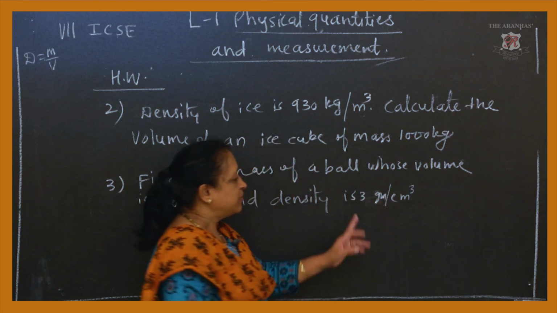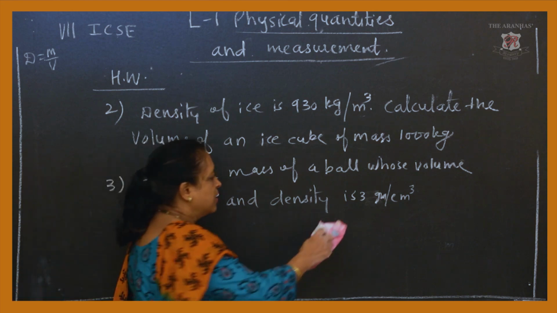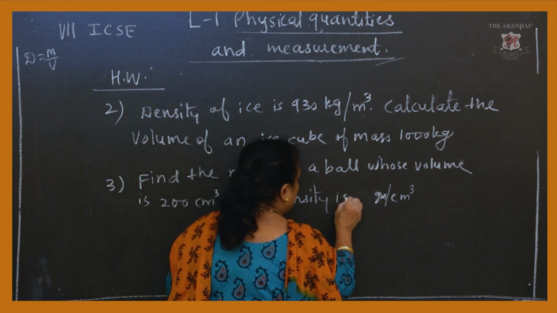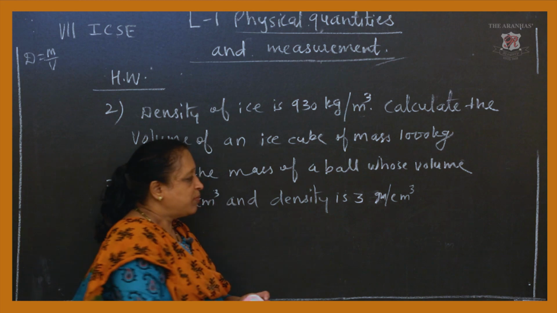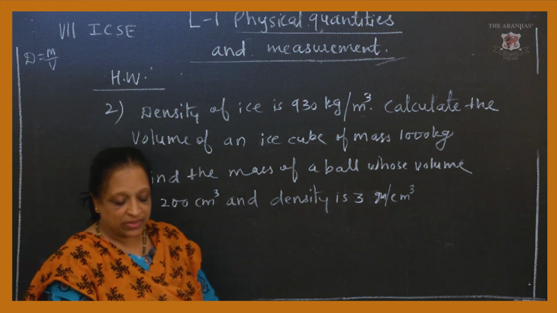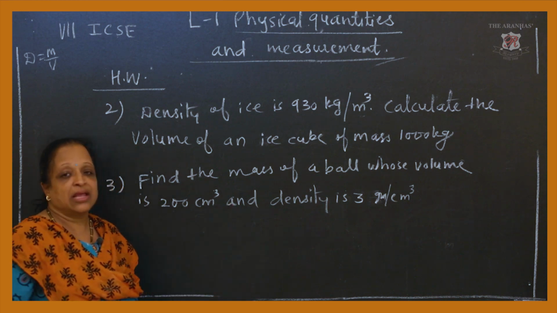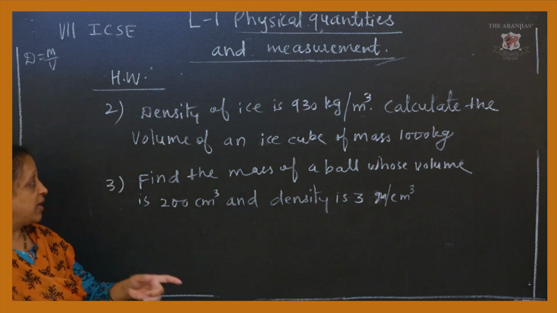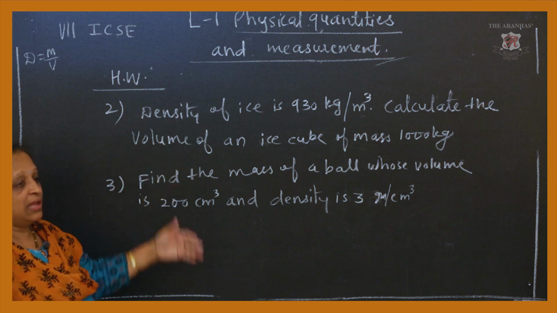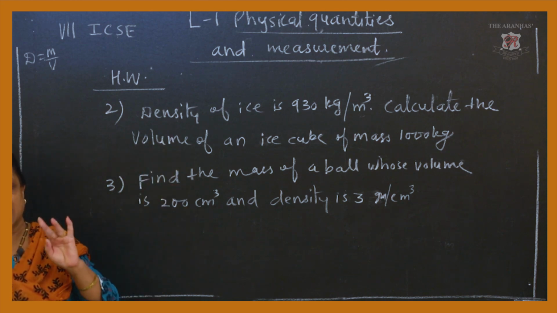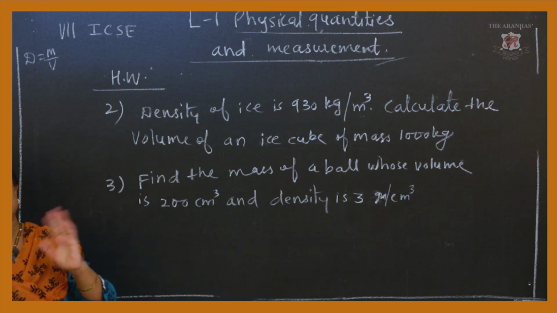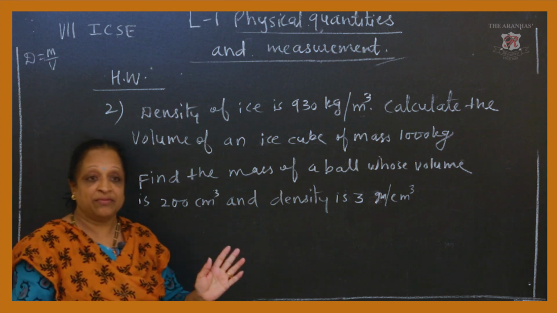I will just add m so you will not get confused with that. So these are the two sums you are going to calculate in your notebook. So you will understand in what way density, mass and volume are related with each other.